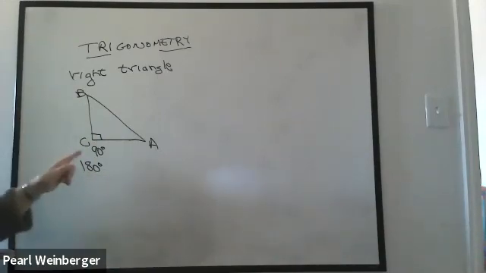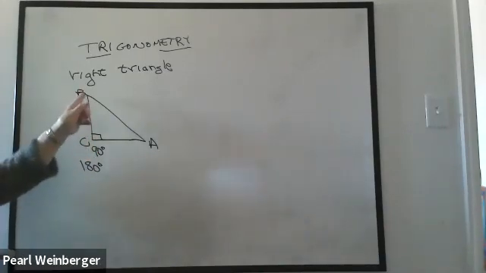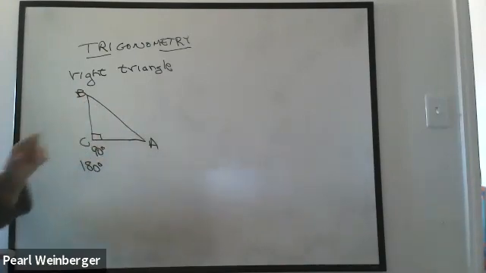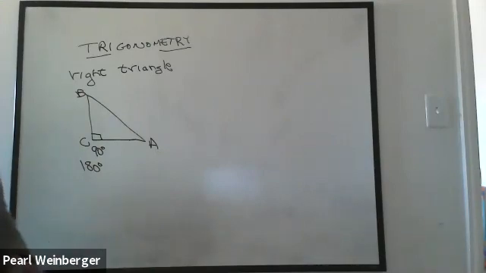So if you think about it, if this is my right angle and it's 90, then A plus B in the right triangle have to add up to 90 as well. A and B are what we call acute angles. They're each less than 90, and the two of them together will add up to 90, so that all three angles in the end add up to 180.